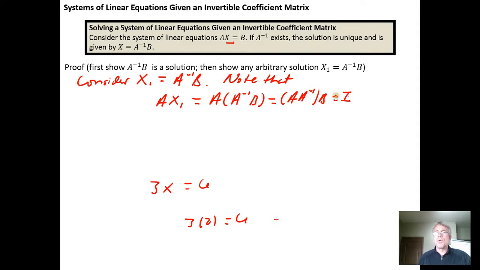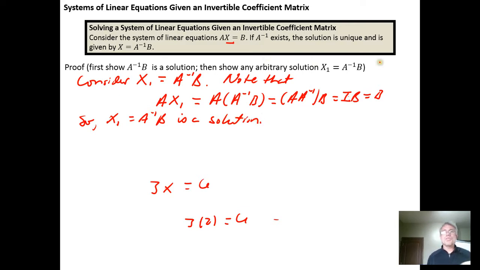That's what you get when you multiply inverses, which will be multiplied by B, and the identity matrix times B just equals B. So x sub 1 equals A inverse B is a solution to the equation. So we've shown the first part.